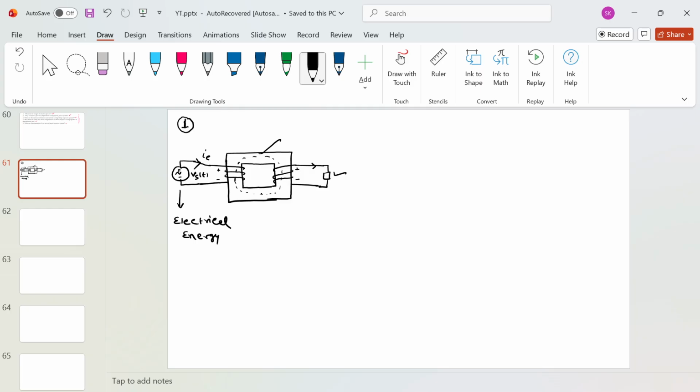This magnetic field is basically required to induce a voltage in the primary and secondary sides. So this electrical energy is getting converted into magnetic energy, and again the magnetic energy is getting converted into electrical energy.